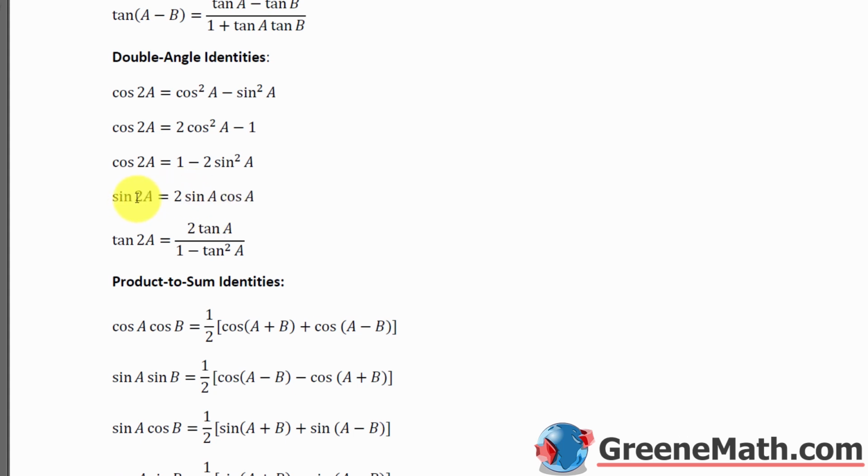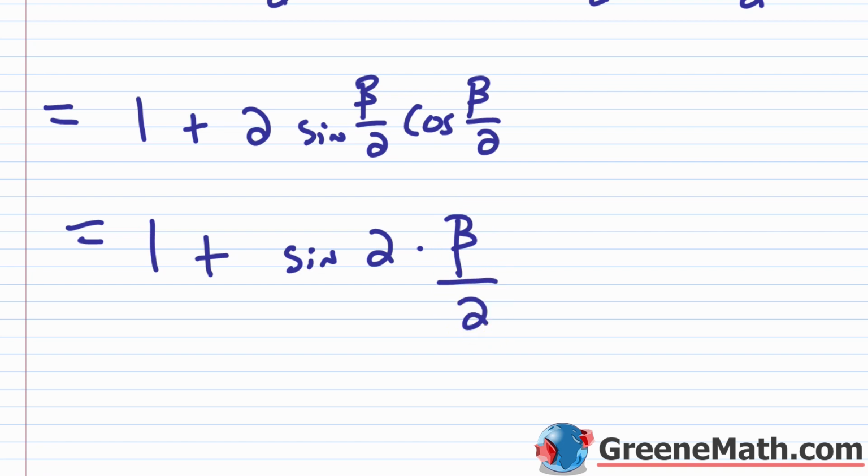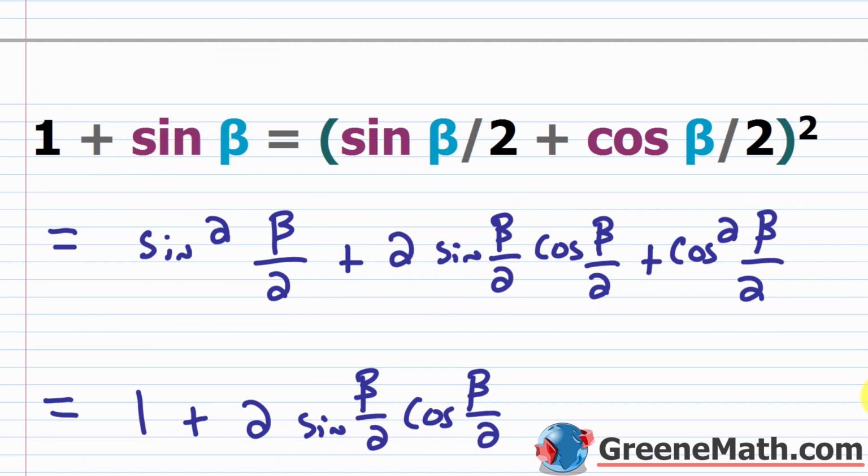So I'm going to go and write it like this, sine of 2 times beta over 2, okay? So I want to put this as 1 plus, we'll say, the sine of 2 times beta over 2. The 2's are going to cancel, and look at what I have. I have 1 plus the sine of beta, okay? And if I go back up, I'm looking for 1 plus the sine of beta, so bam, we got it.